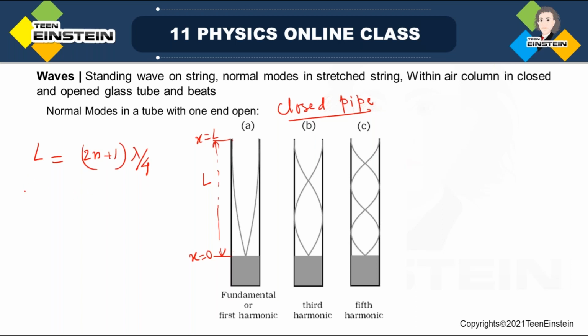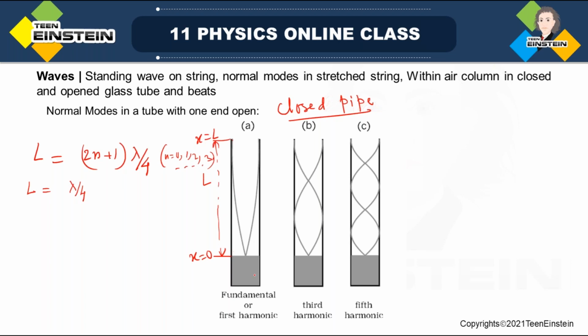Here actually n starts from 0, 1, 2, 3, etc. If we put 0, we get the fundamental wave produced in the air column. So n equal to 0 means we get lambda by 4. That means within this length of the air column, you should have one quarter of the wave.